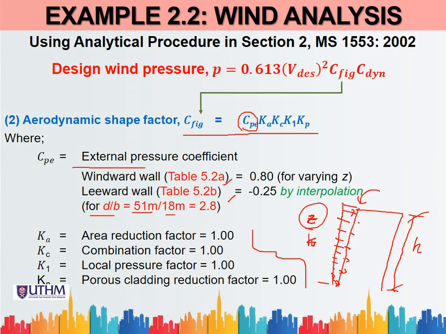So for the height at the windward side, we symbolize it as Z, because it varies from 0, 4, 7.5, increasing up to 25 meters. And meanwhile for the leeward side here, we use the symbol H. Okay, understood?